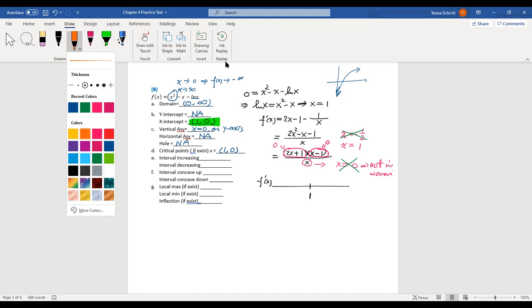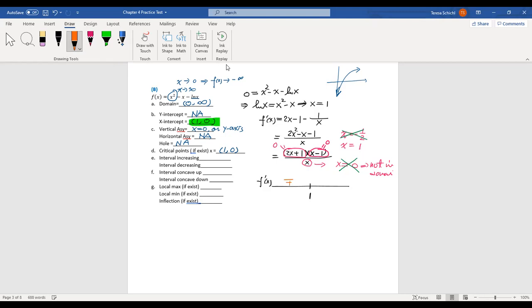When x is less than 1, between 0 and 1, the denominator is positive, and the numerator will be negative. So overall it is negative. Now if x is greater than 1, the denominator is positive, and the numerator is positive, so this will be positive, right?